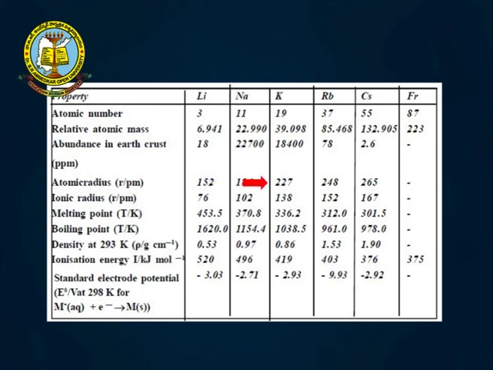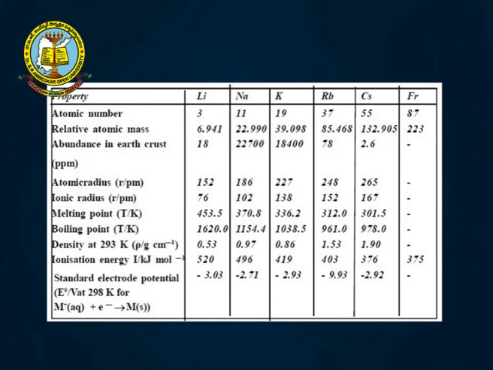The lithium atomic radius is 152, for sodium it is 186, for potassium it is 227, for rubidium it is 248, and for cesium it is 265. So what do you observe from these values here? The atomic radius increases from lithium to cesium.